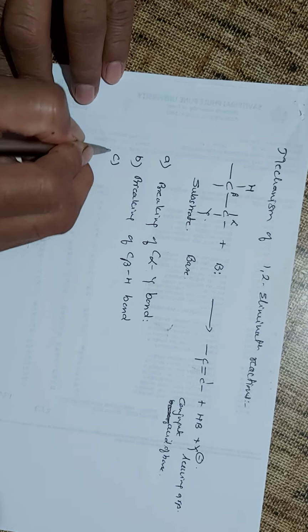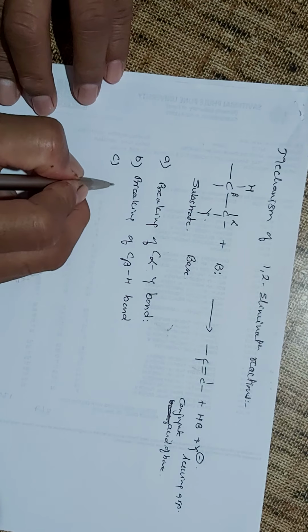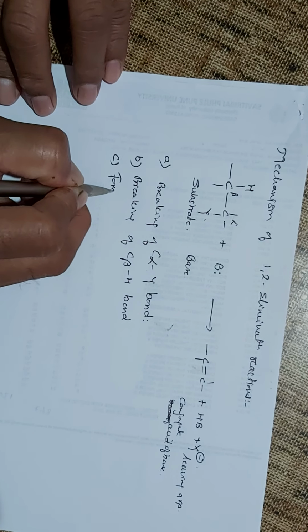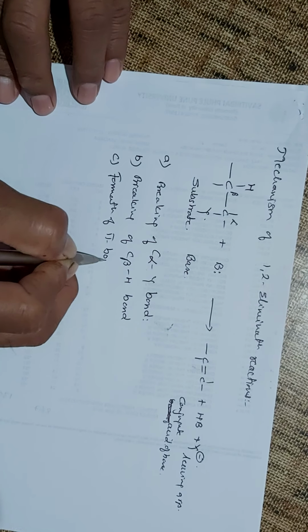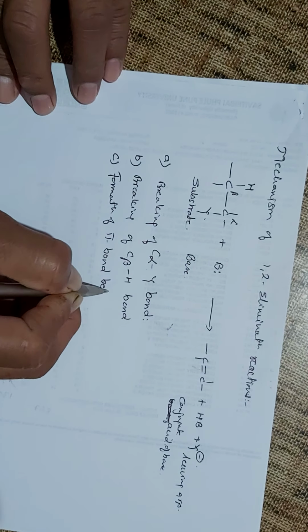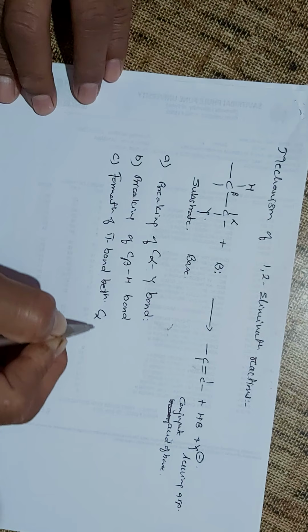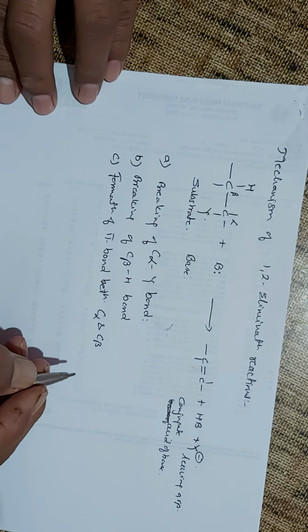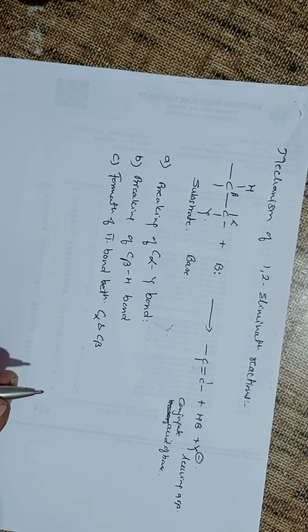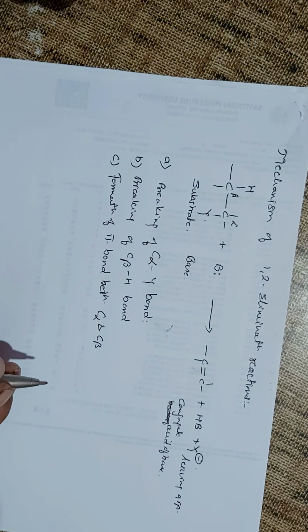And the third thing that is taking place is the formation of a pi bond between C alpha and C beta carbons. So how are these steps proceeding?